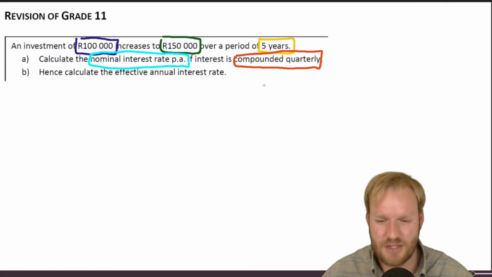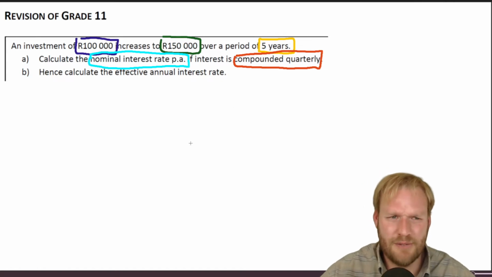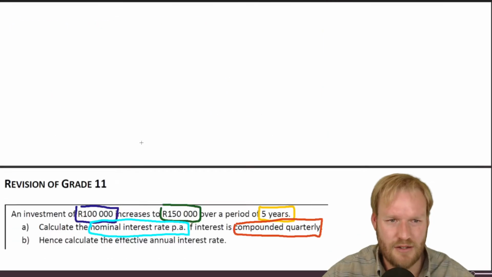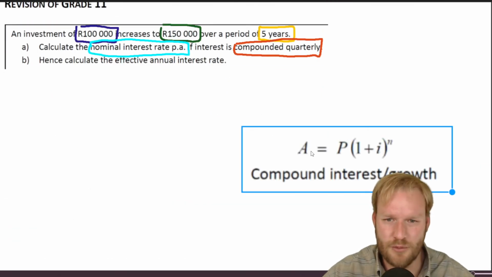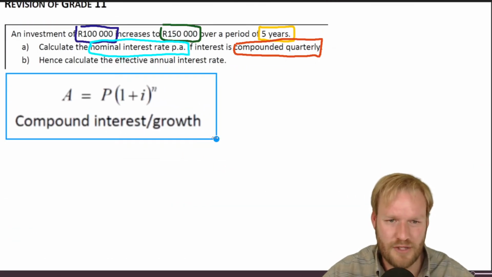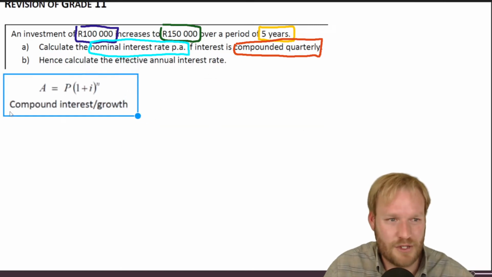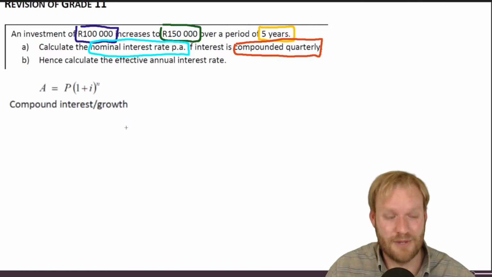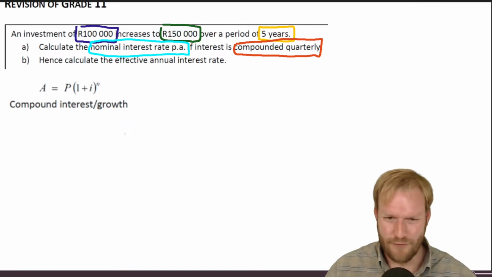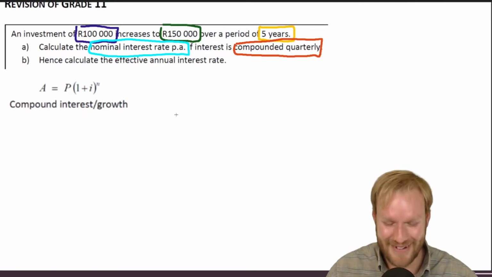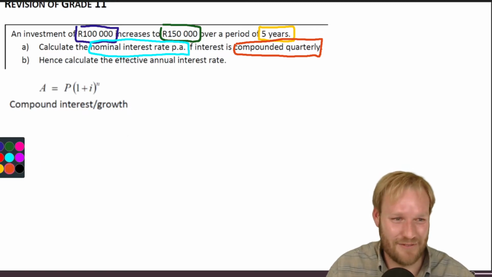So there are bits of the puzzle that we need. I'm just going to copy paste it here: we've got our formula, compound interest growth. That's what we know happens if we invest money, but we're focusing on finance mathematics, of course. Okay, so let's just plug in the bits of the equation we know.